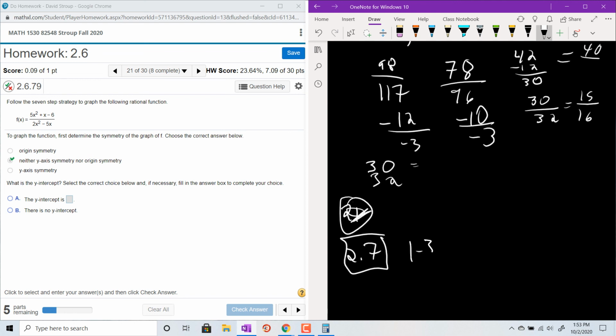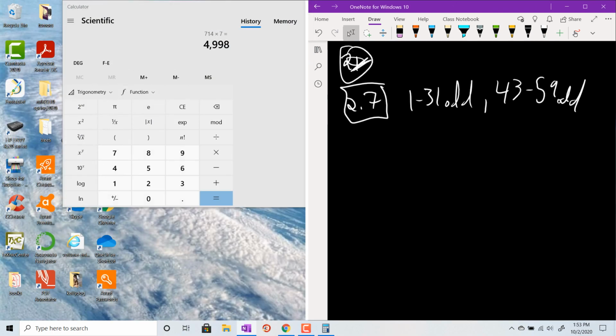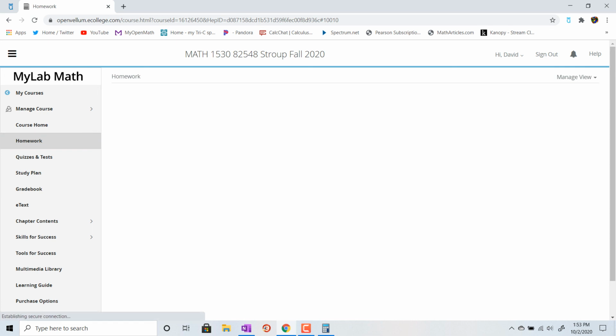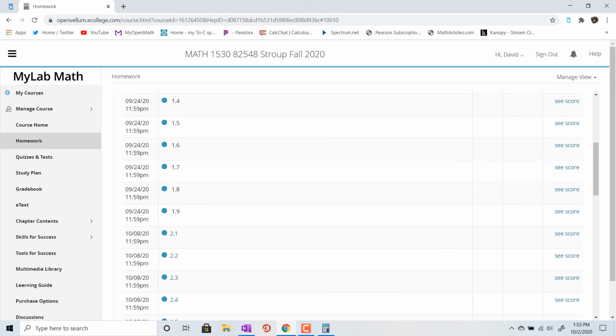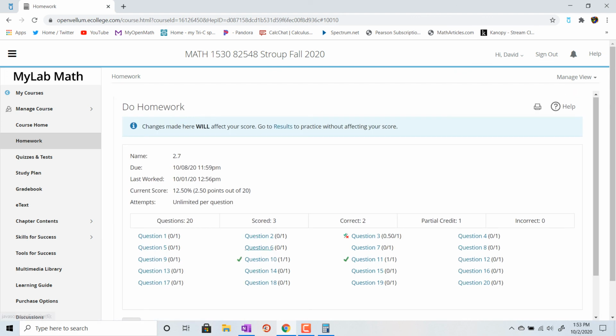So we have 1 to 31 odd, and then problems like 43 to 59 odd. Okay, so let's get out of this and go on over to the next section, 2.7, and dive right in.